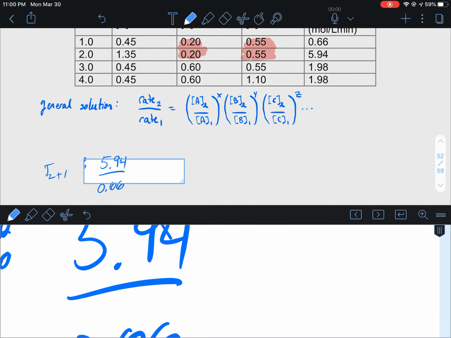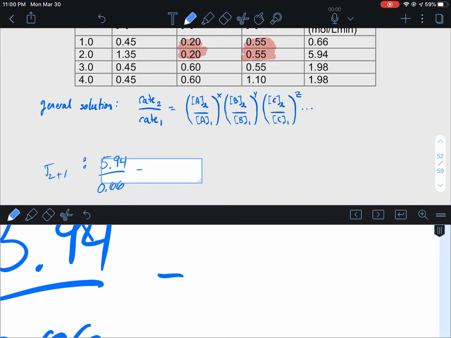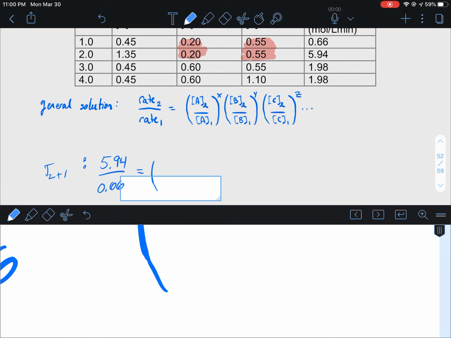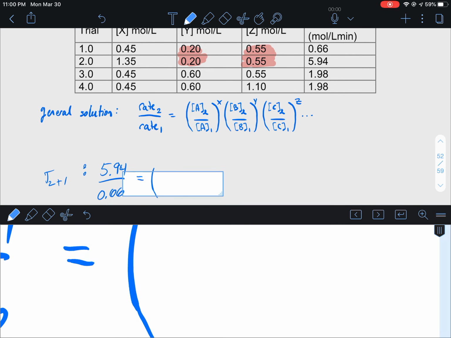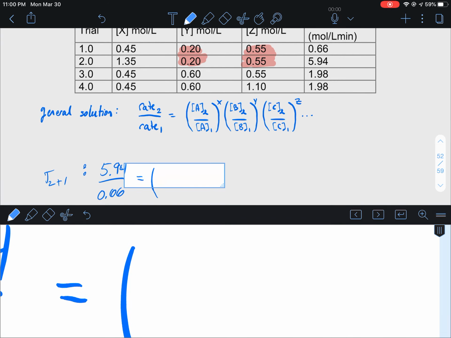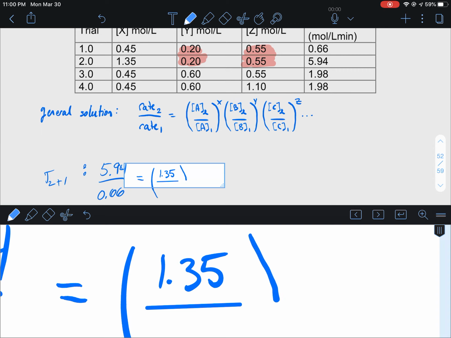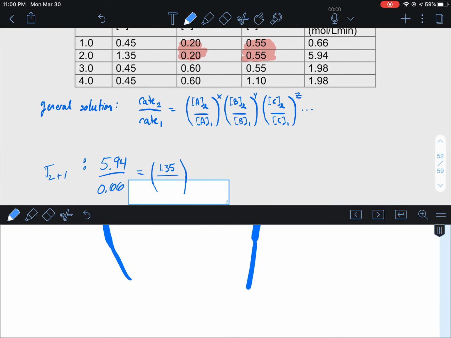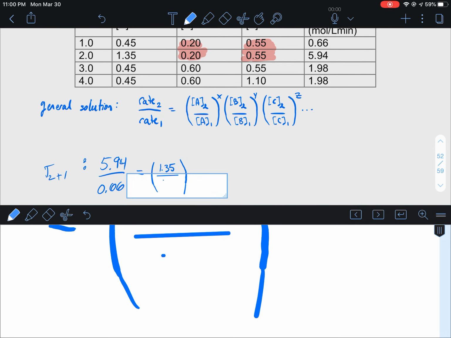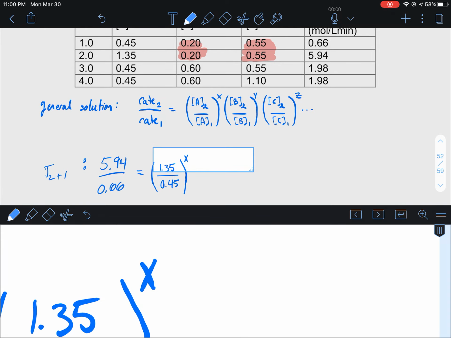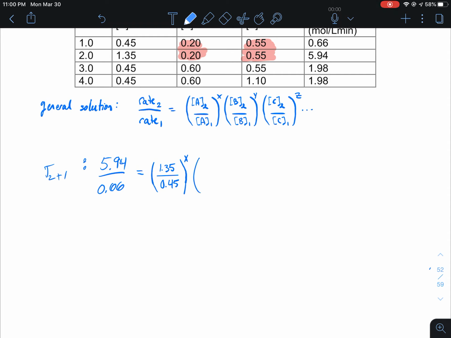So in our case, we have rate 2 and rate 1 being divided, and we're going to put our reactants in. Our reactants in this case were labeled X, Y, Z, but that's okay. And so X is going to be 1.35, because I'm going to do trial 2 on top, divided by 0.45 raised to the power of x. I'm going to do some more of these.